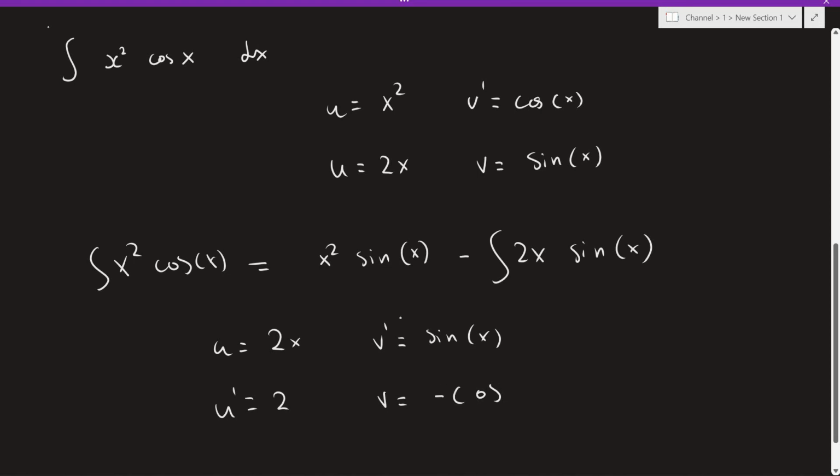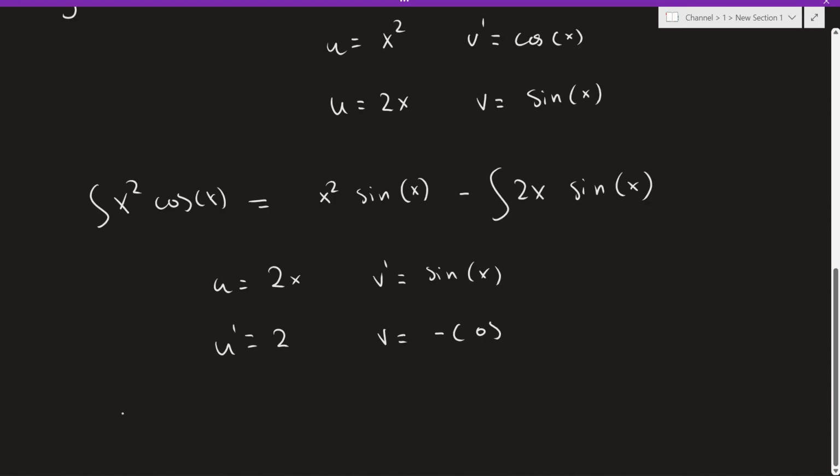Okay, apply the formula. And once we apply the formula, we just replace it by this whole thing. We keep the negative right there, okay? So, apply the formula. u v prime, 2x sine x, is equal to negative 2x cosine x minus the integration of 2 times negative cosine.